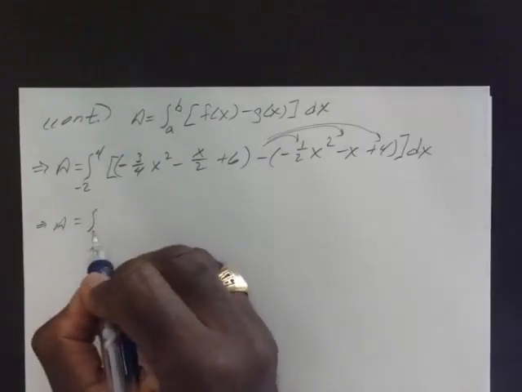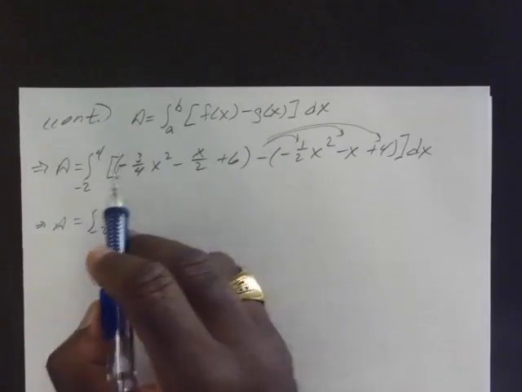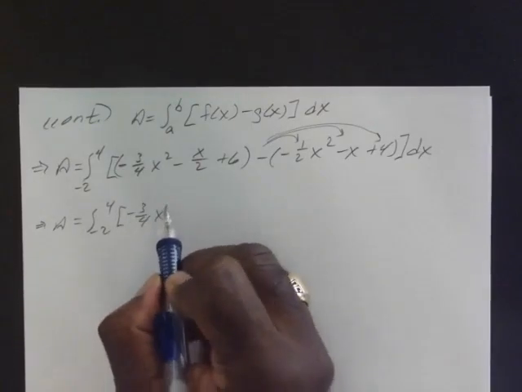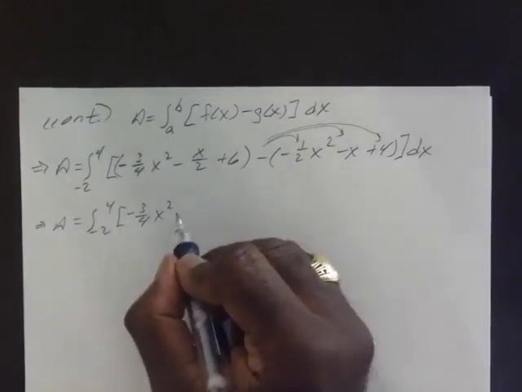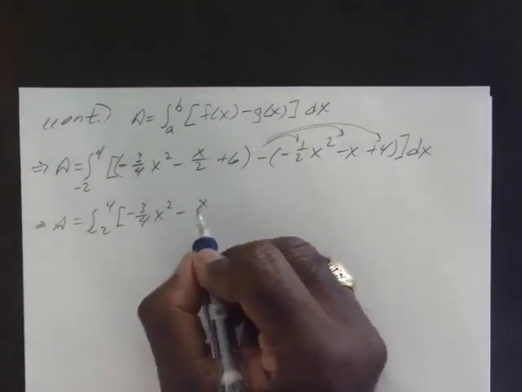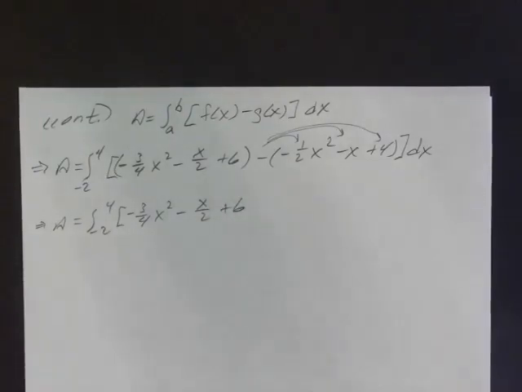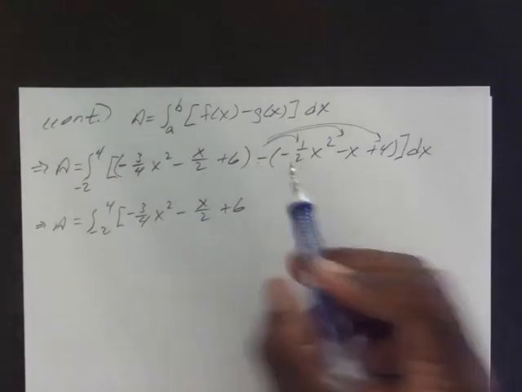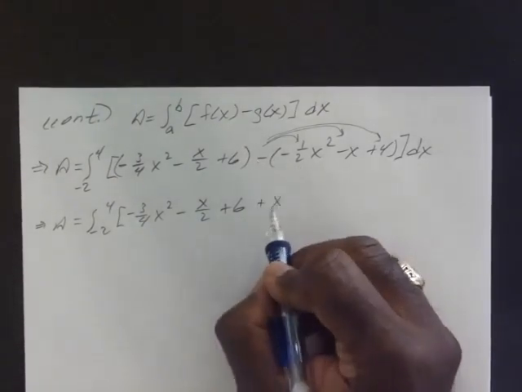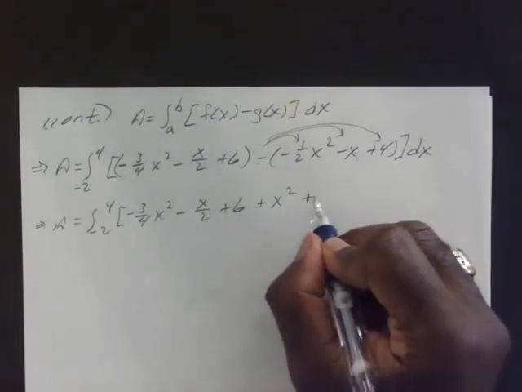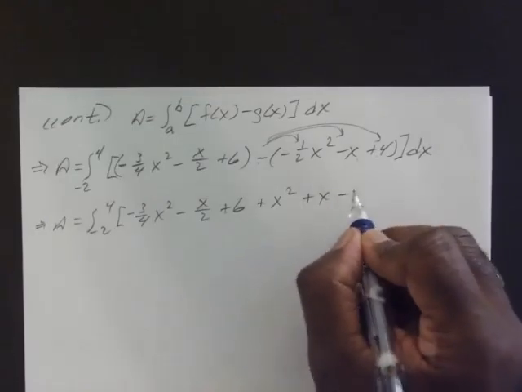Okay, so we know that's the integral from -2 to 4, -3/4 x squared minus 1/2 x plus 6, we distribute that negative, this becomes plus 1/2 x squared plus x minus 4.